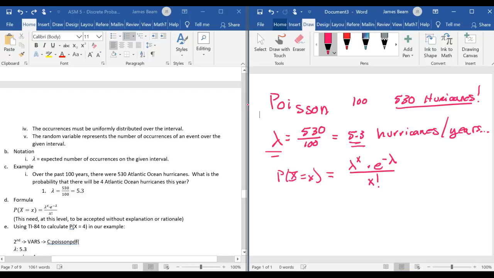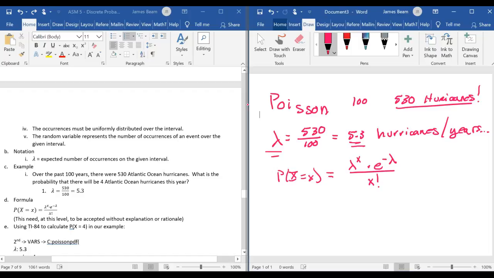The probability that we have x number of hurricanes is lambda to the power of x times e to the negative lambda, over x factorial. That's nuts. At this level of statistics in high school, nobody goes into explaining why that works. But we're there.